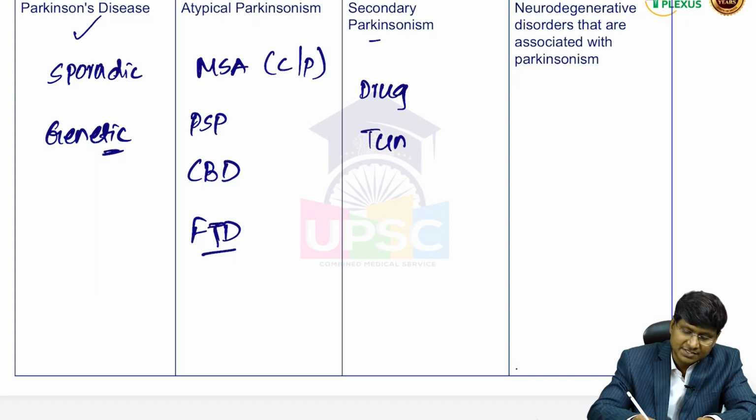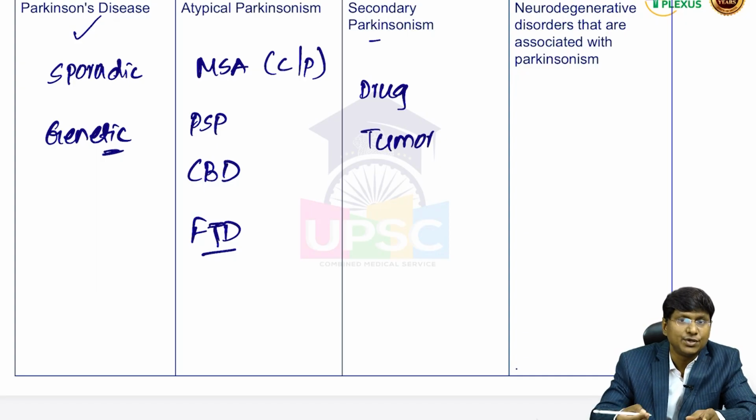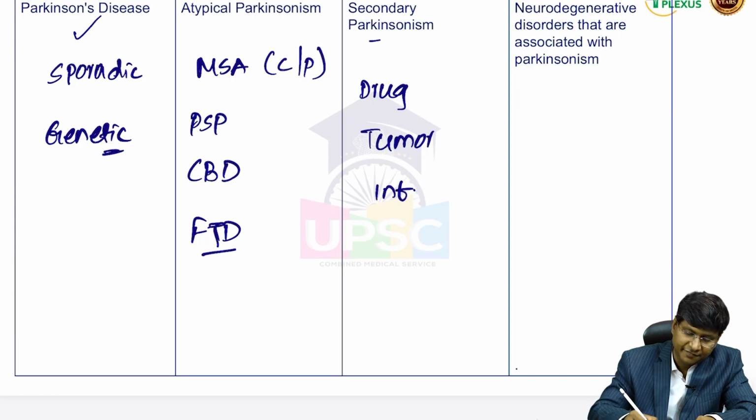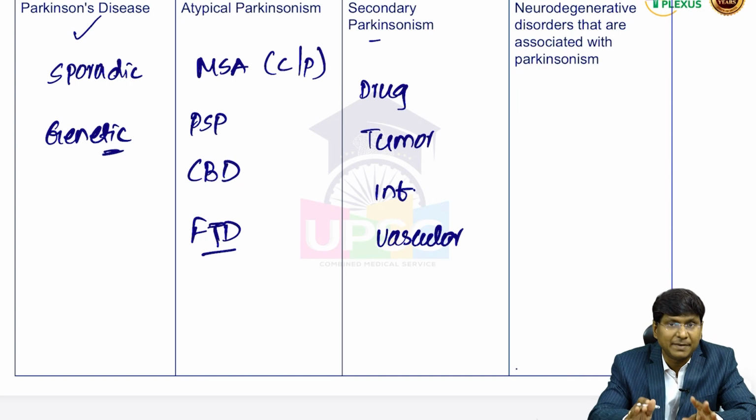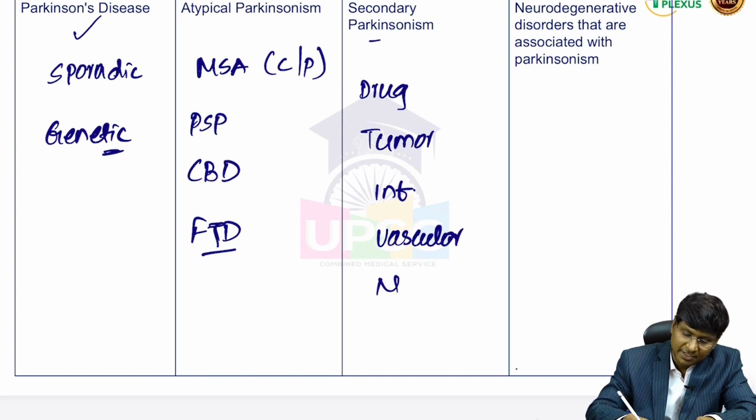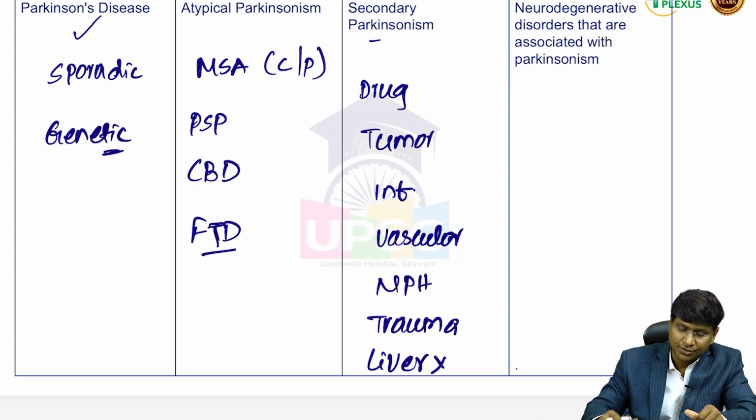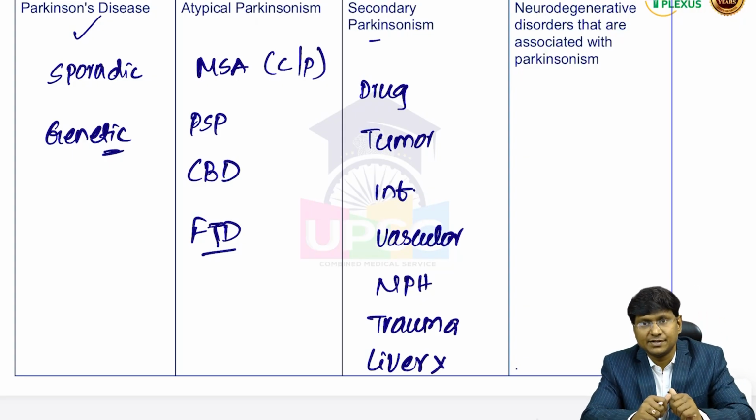Then these drugs are mainly the antipsychotic drugs, then tumors, then infections, then there are vascular causes for Parkinsonism, normal pressure hydrocephalus, then trauma, and then liver cell failure. So these are the causes for secondary Parkinsonism.